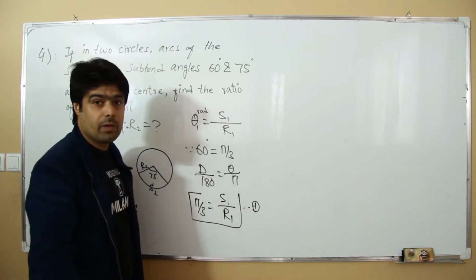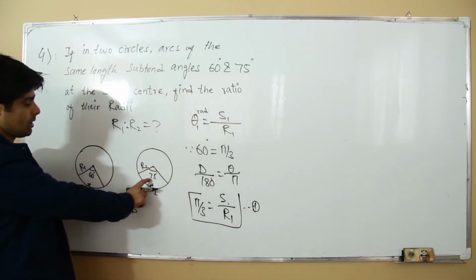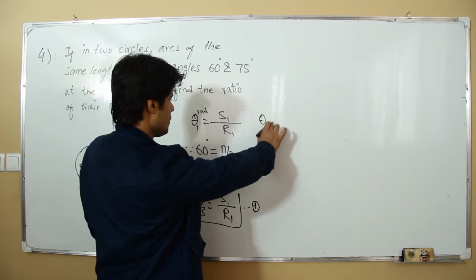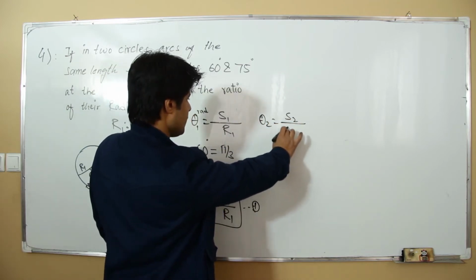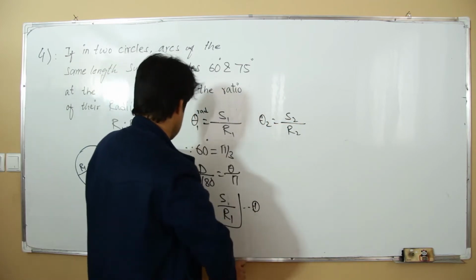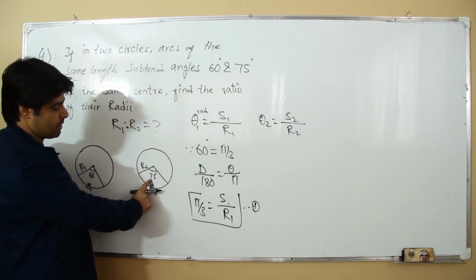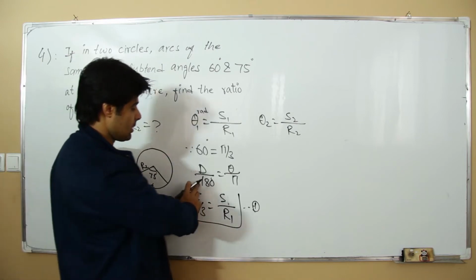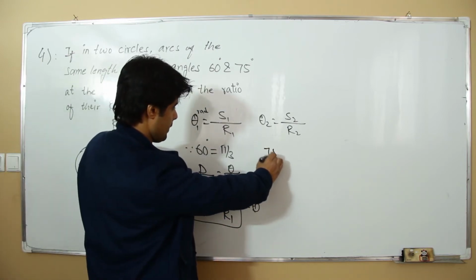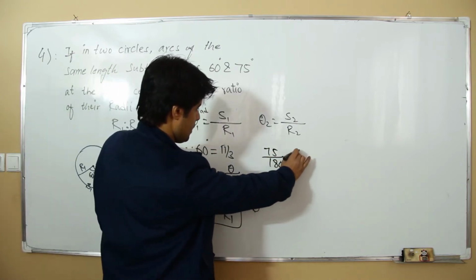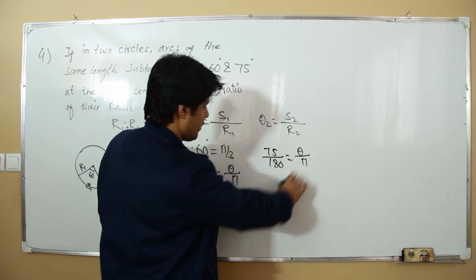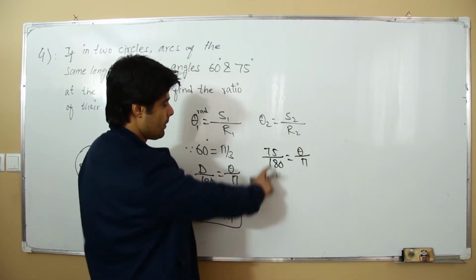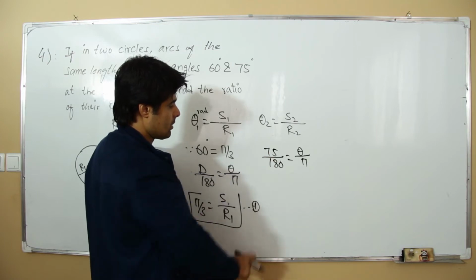Am I right? Yes. Our second equation here, theta 2 is equal S2 divided by R2. And this 75, it should change to what? To radian. So, put in this formula, 75 divided by 180 is theta divided by pi. Now we will have a cancellation in here by what?